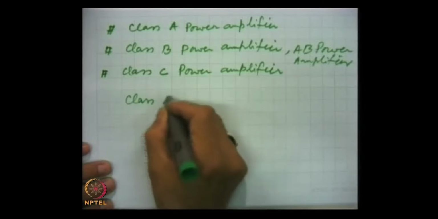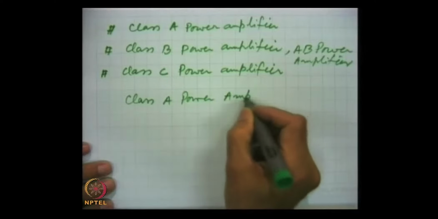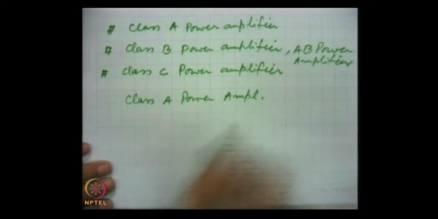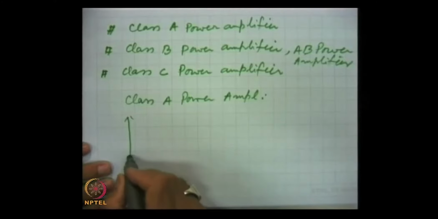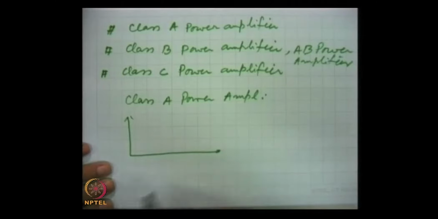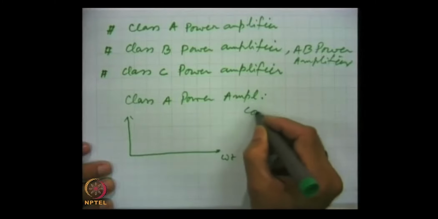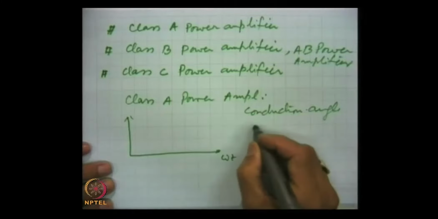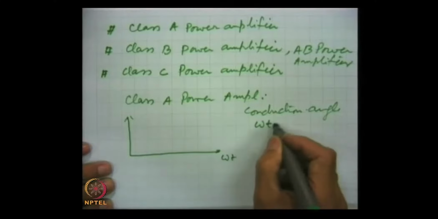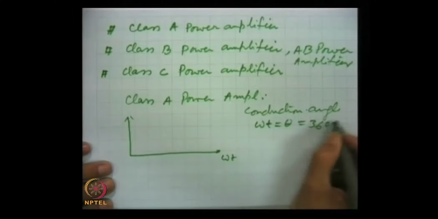So, class A power amplifier, here this is represented by this. This is the conduction angle, omega t, sometimes written as theta, and this is all 360 degrees.